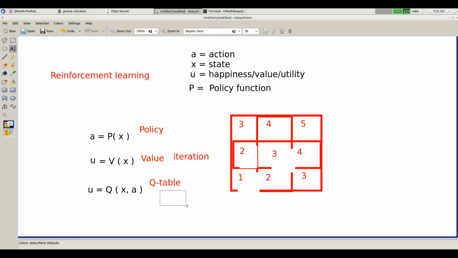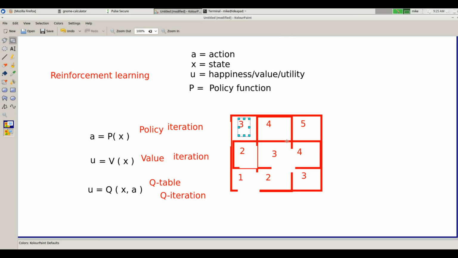You can also do that with a Q table, where instead of putting a value in each state, you put a value on each action from each state. That's the one we did. That's called Q iteration, I think. I've never actually seen that expression in the literature, but it should be, because then it would be consistent with the others. And you can also do something called policy iteration, which is where you don't even ever calculate a value.